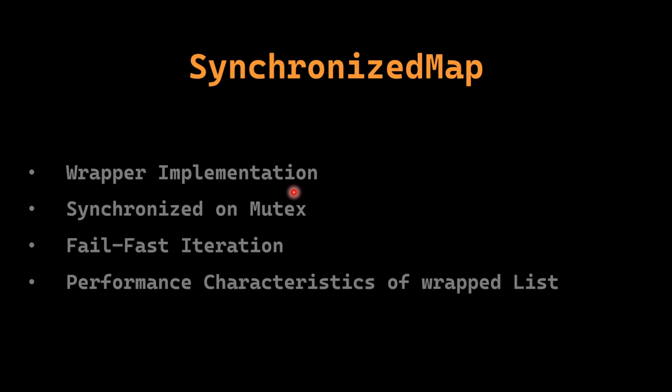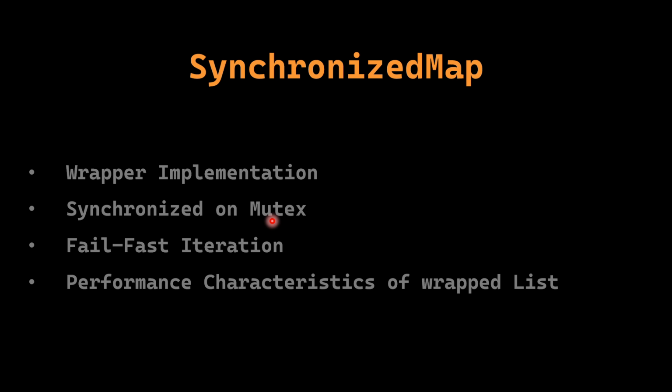This approach offers greater flexibility than Hashtable because you can add thread safety to existing map implementations like HashMap, LinkedHashMap, or TreeMap. The wrapper works by synchronizing every method call on a mutex object, providing thread safety at the method level while preserving the underlying map's characteristics.